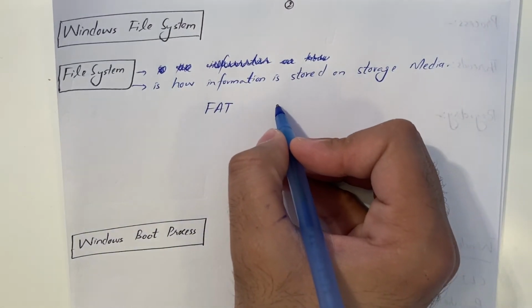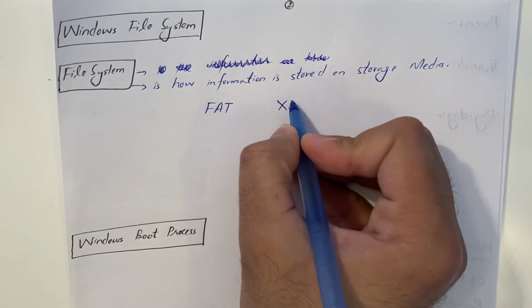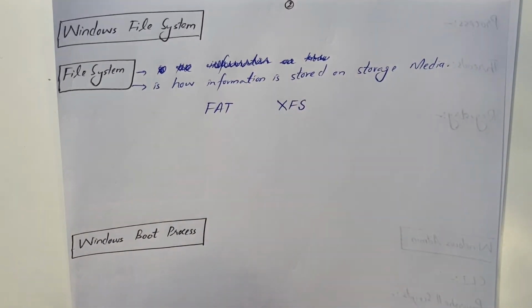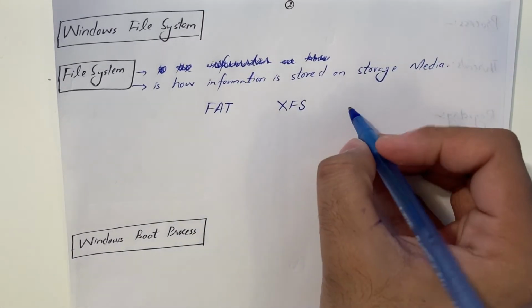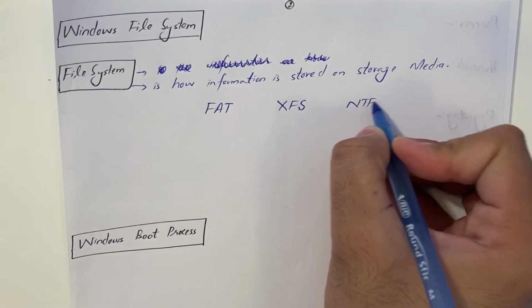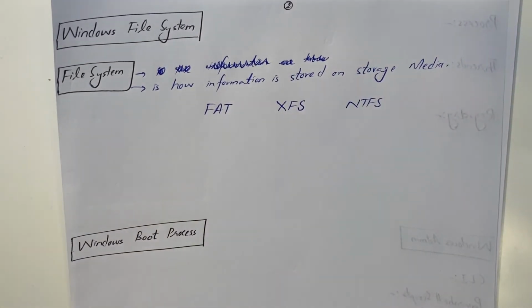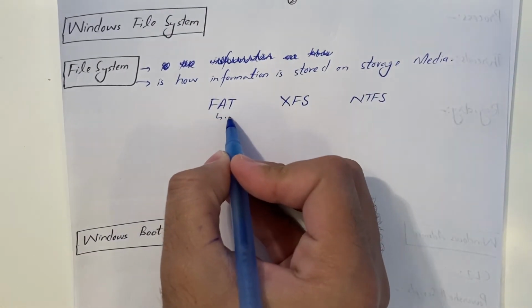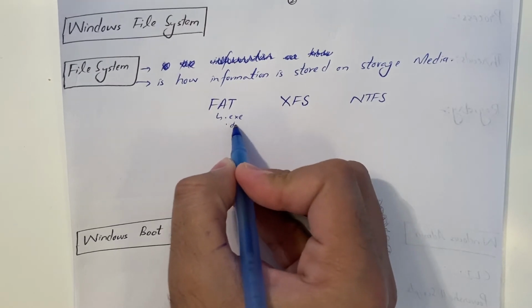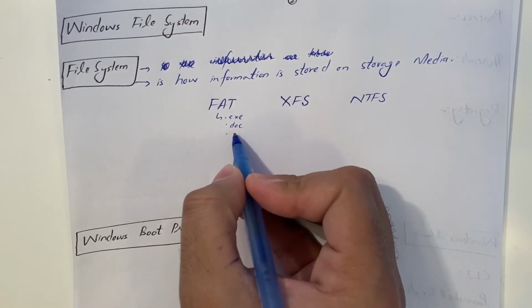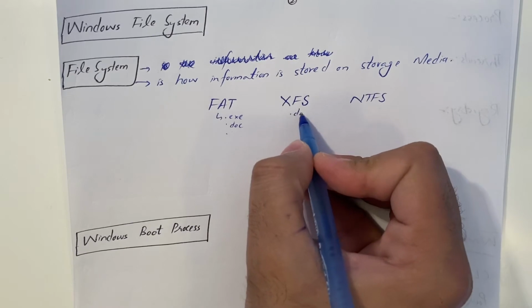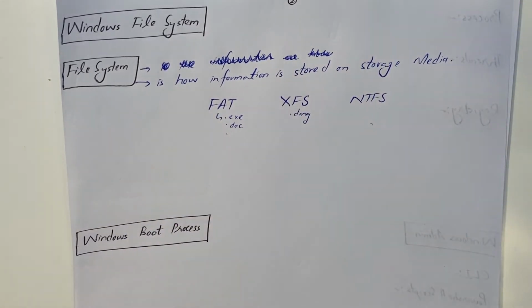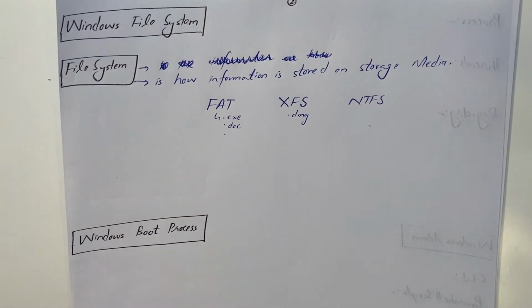Then, if we talk about Linux, it supports a filing system XFS, extensible filing system. Microsoft Windows uses NTFS, New Technology File System. These are some different filing systems. These particular filing systems support different files like .exe file, .doc file, for example, .dmg file, etc. So depending upon the filing system, they support different files.